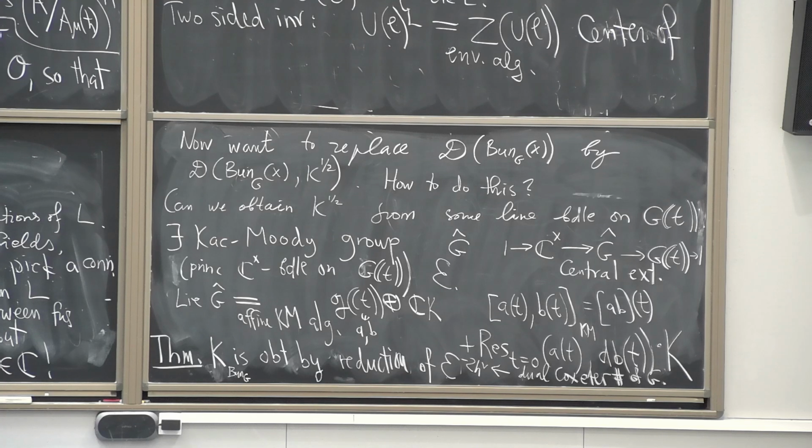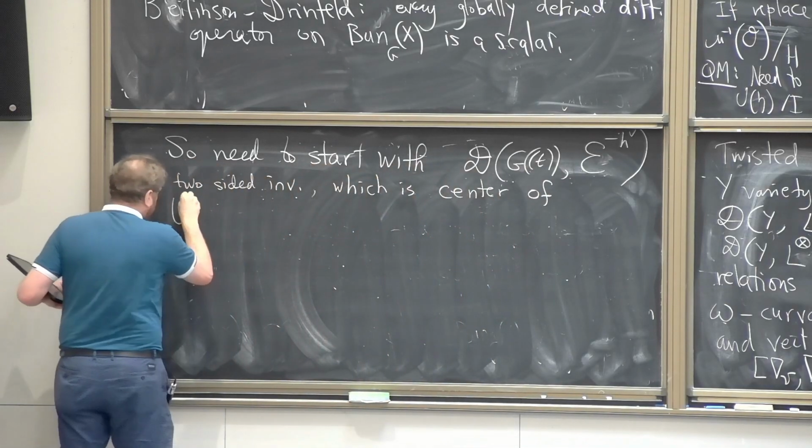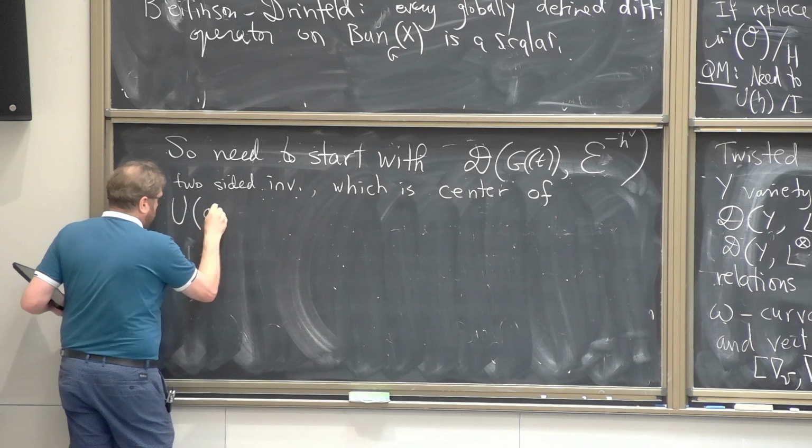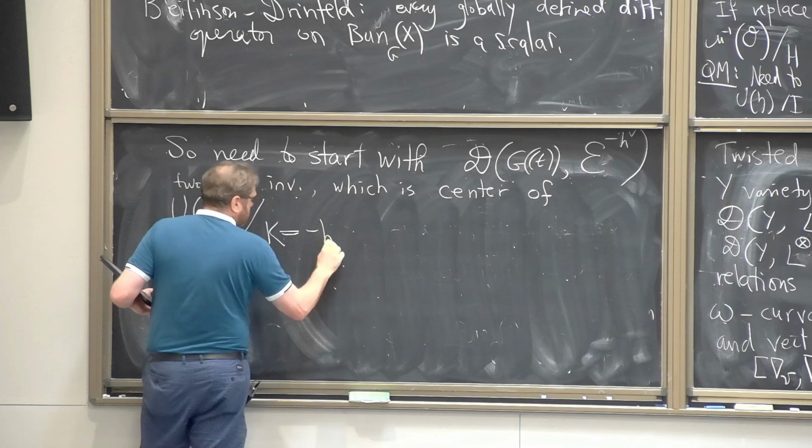So we need to start with differential operators of G of T with the line bundle E to the minus H check, two-sided invariant, which is the center of the enveloping algebra of G hat modulo the relation K equals minus the dual Coxeter number.